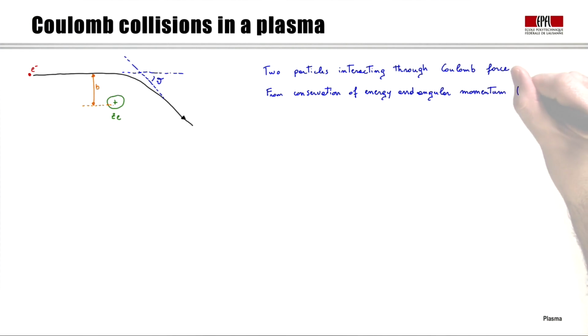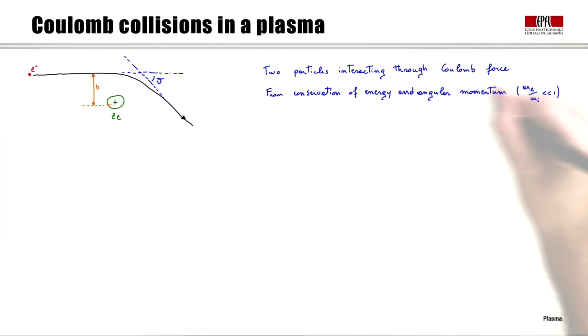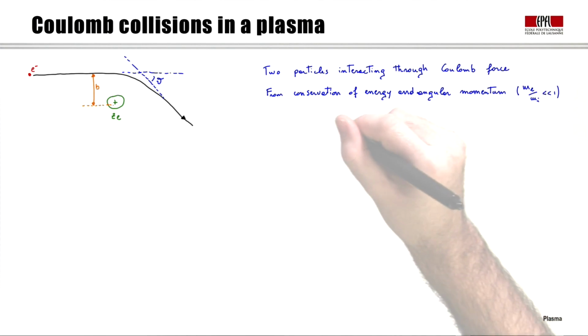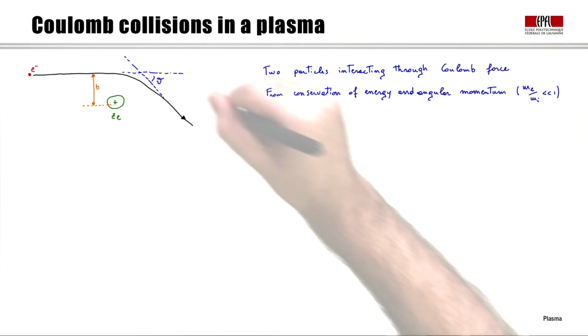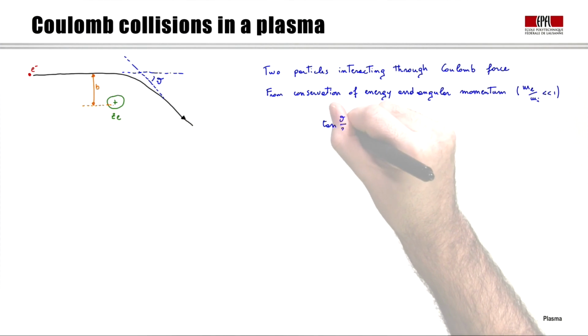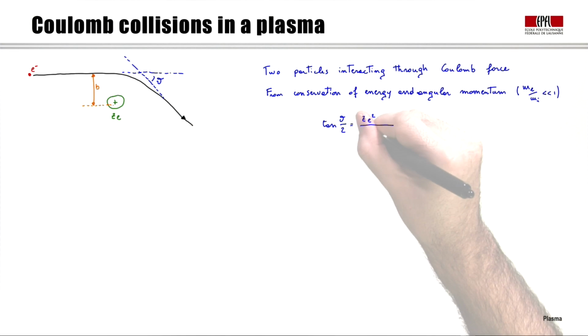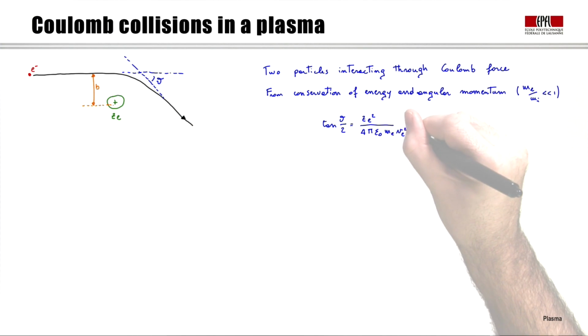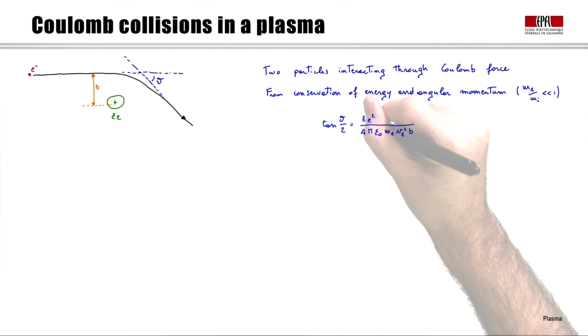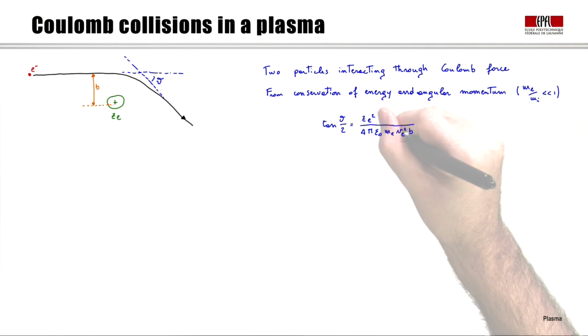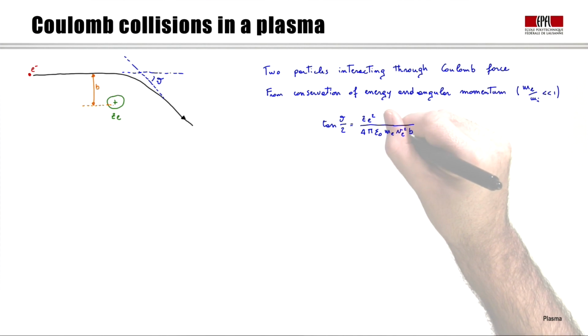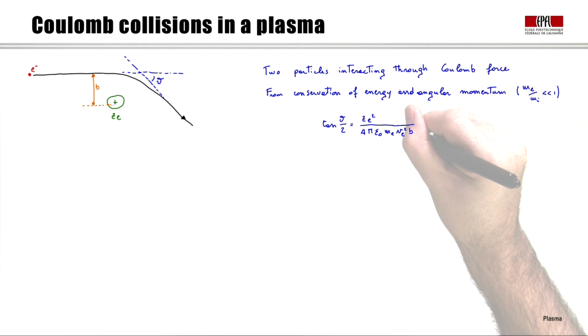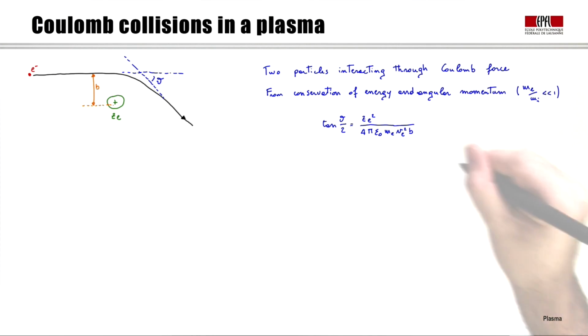In the limit of me over mi much smaller than 1, from the conservation of energy and angular momentum, one can show that the tangent of theta over 2 is equal to the ratio of the product of the two charges divided by 4 pi epsilon 0 me ve squared b.